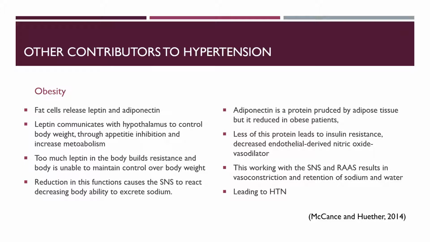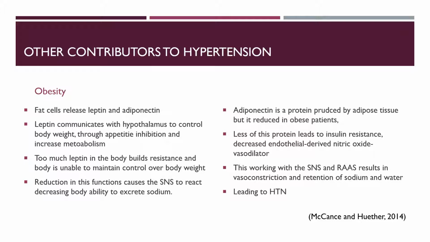Unfortunately, too much leptin in the body can build resistance, and the body is unable to control its own body weight. The reduction in these functions can cause the CNS to react, decreasing the body's ability to excrete sodium, which again leads to increase of aldosterone and leads to high blood pressure.